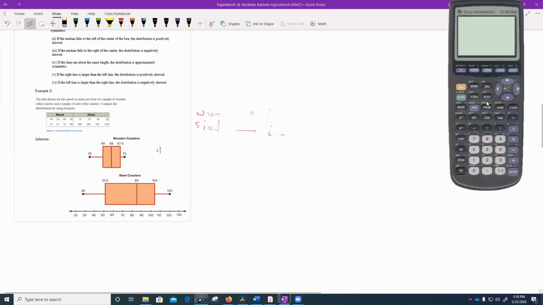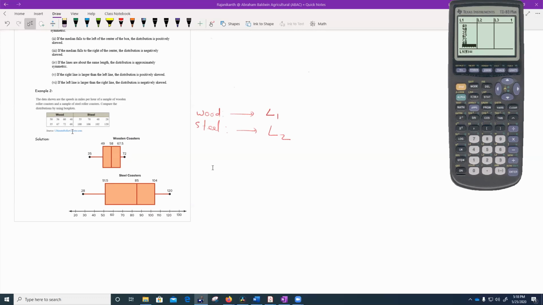Okay, so I'm going to enter those values. Clear this and go to stat edit, and I'm going to clear L1 one more time. Let's enter all the wood data values, which are 50, 56, 60, 48, 35, 67, 72, and 68.